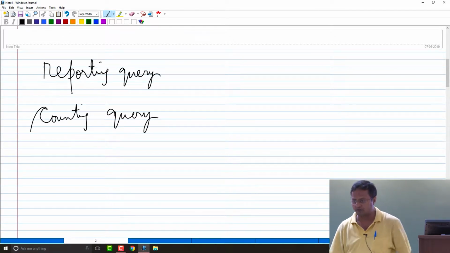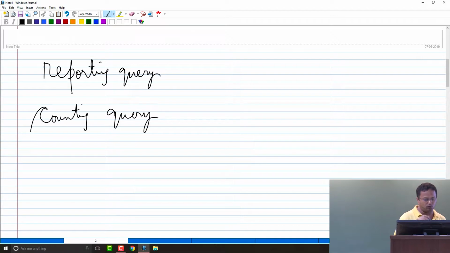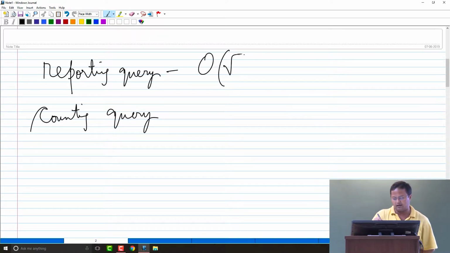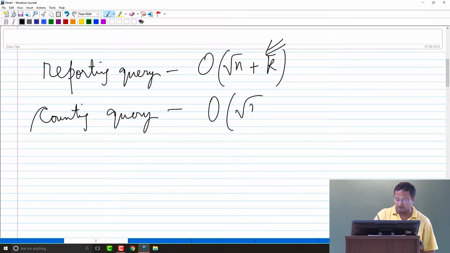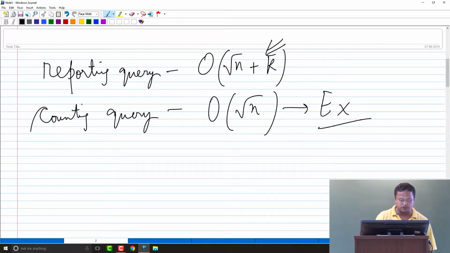So, if you are doing reporting and counting, you can be a little bit intelligent to get rid of this factor in your counting. So, think of this. In tutorial, maybe Shushovan and Ananya would give you some idea about how you can do this.